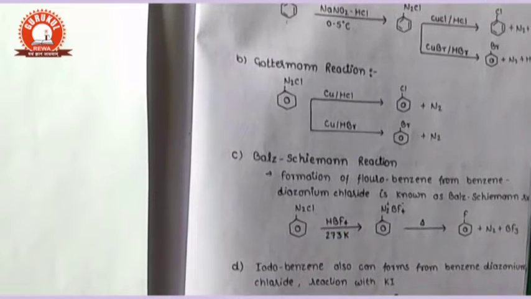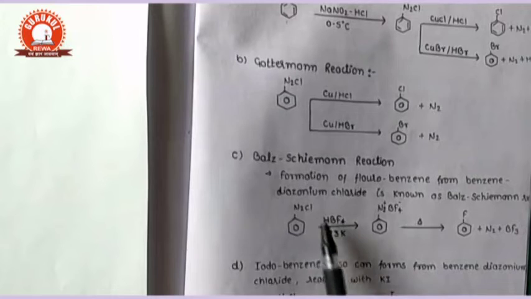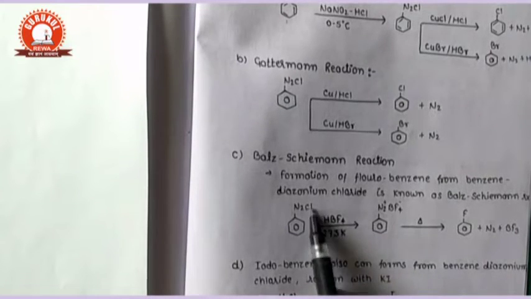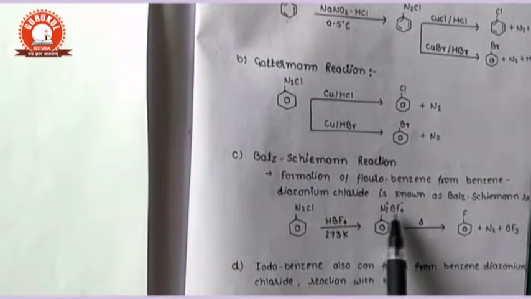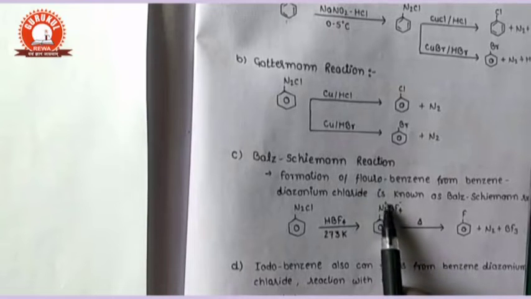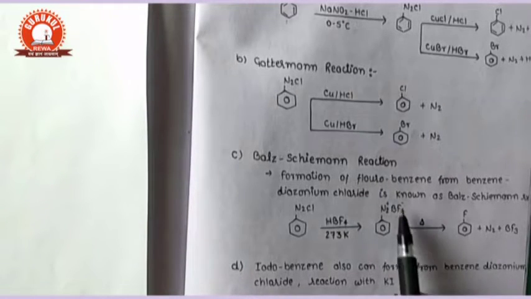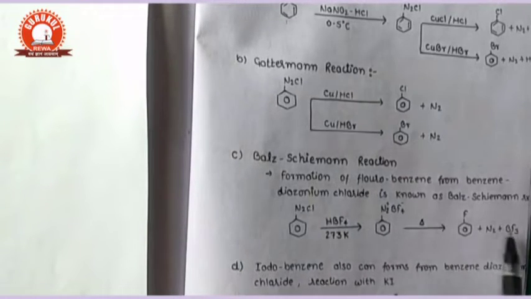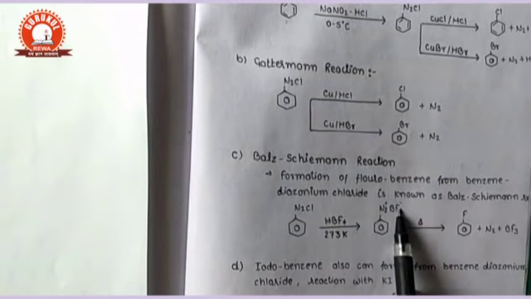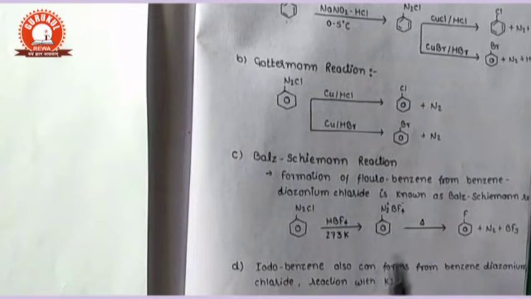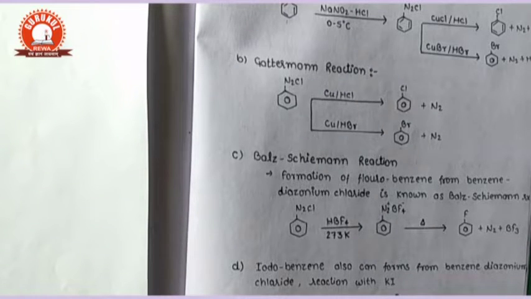H and Cl form HCl, and we can form N2 and HBF4. From here this N2 will be released, BF3 will be released, and one fluorine is attached to this carbon. It is the single specific reaction in which we can form the fluorobenzene, correct.